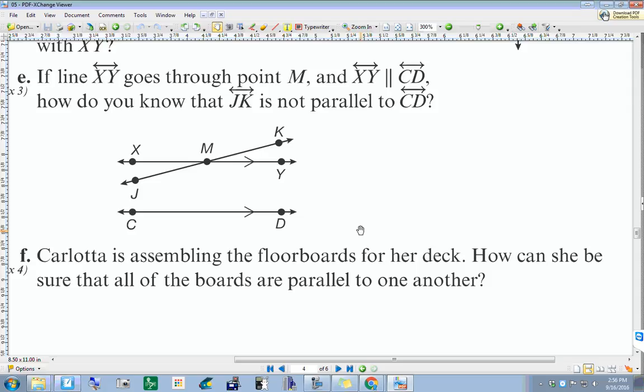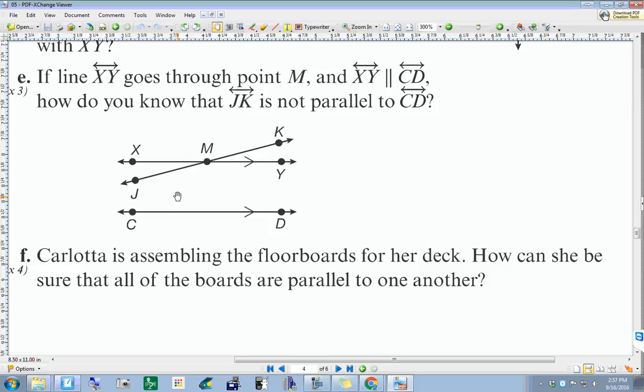Okay, two different lines, parallel, okay? There's only one parallel line that goes through a point that's not on the line, right? Yeah, that's it, okay? They're skew? No, they'd be skew lines if they're not on the same plane, so they're not skew, they intersect, okay?